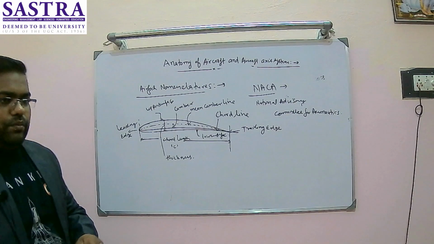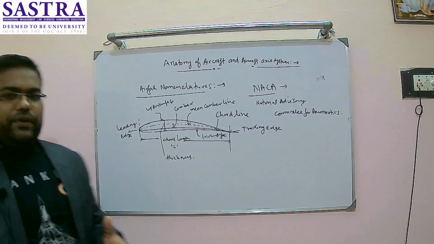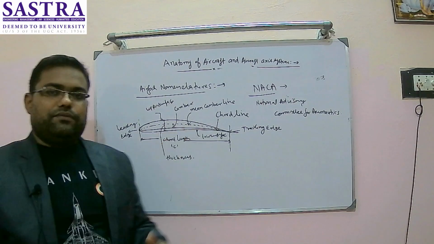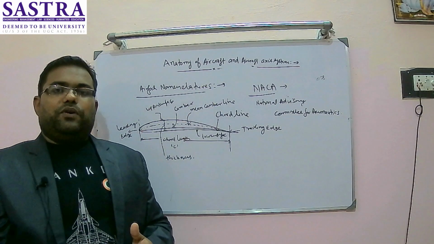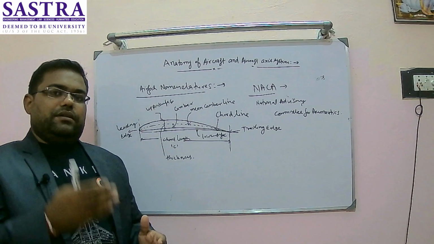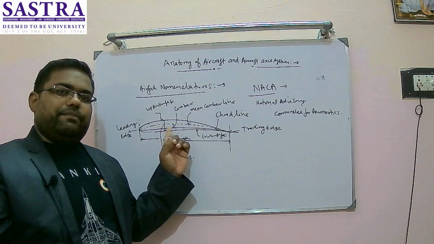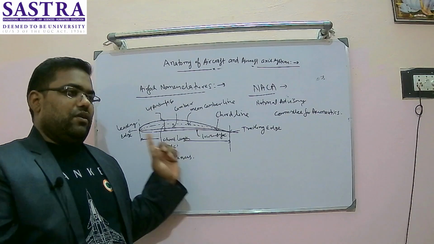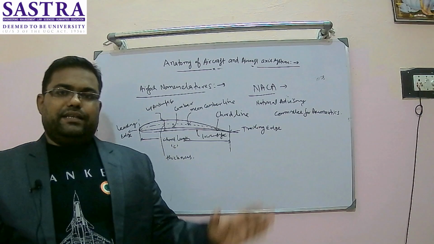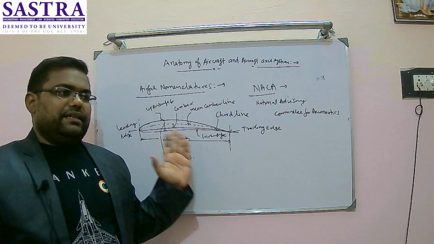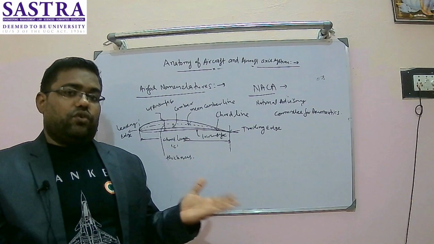The mean camber line is the locus of all points midway between the top surface and bottom surface, measured perpendicular to the mean camber line itself. The chord line is the shortest distance between the leading edge and trailing edge, a straight line connecting them.